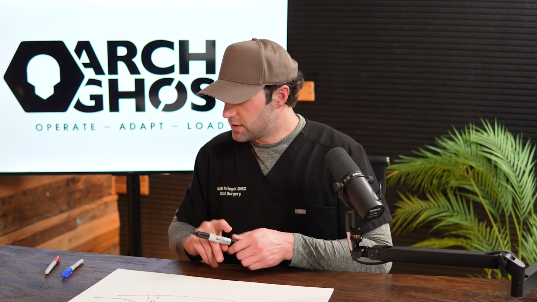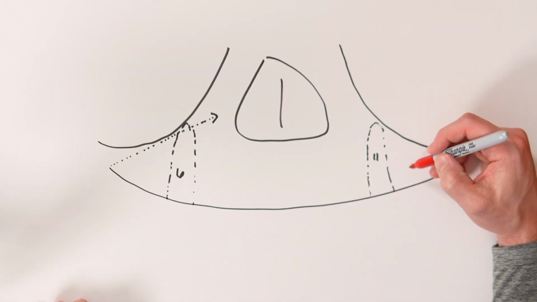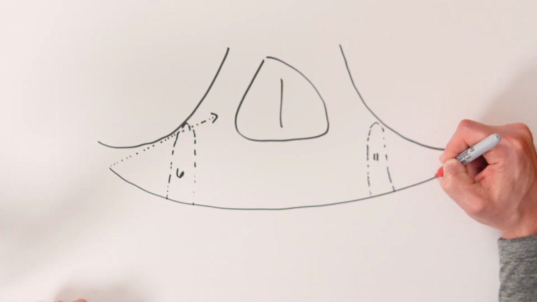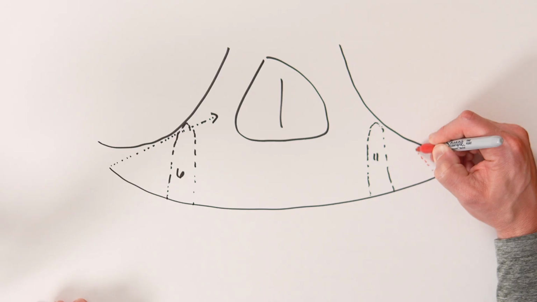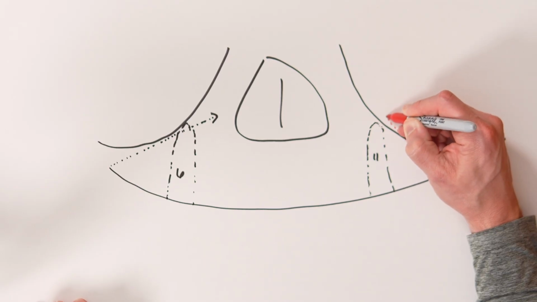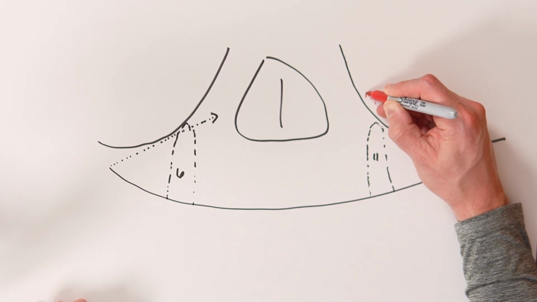Now, there are some experienced caveats to this where you can be palatal to the socket, but just for the sake of this talk, if you do this case and you do not see your drill pass through that apex, this is likely where you are.